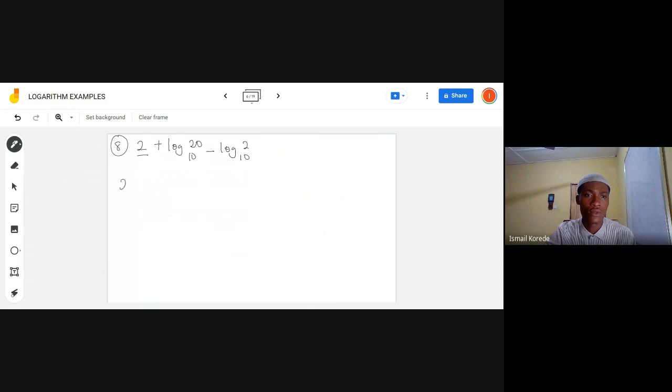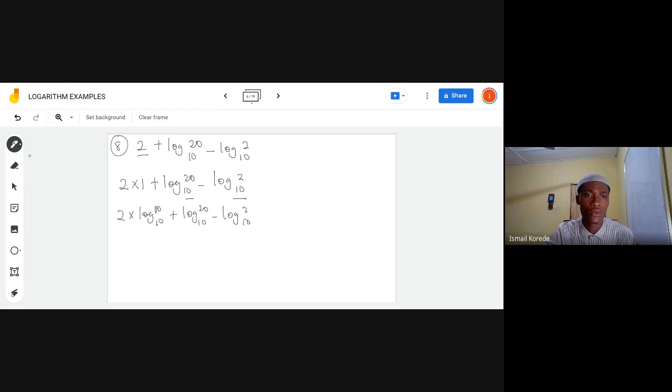So we can have 2 times 1 plus log 20 base 10 minus log 2 base 10. I can have 1 as the same thing as log 10 base 10. So I can have 2 times log 10 base 10 plus log 20 base 10 minus log 2 base 10.